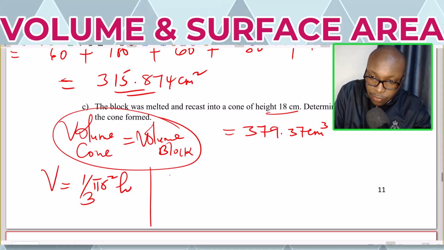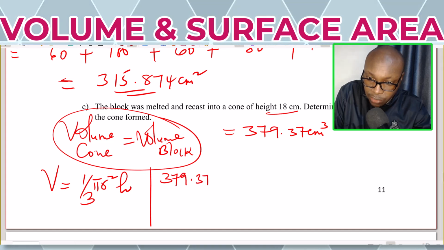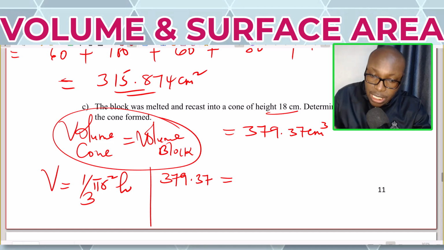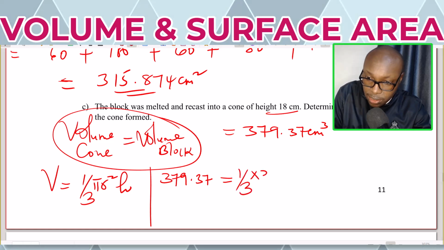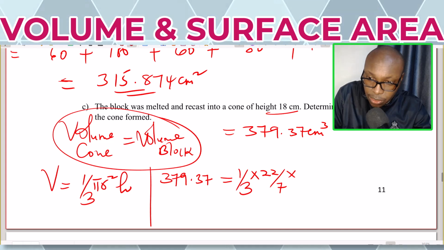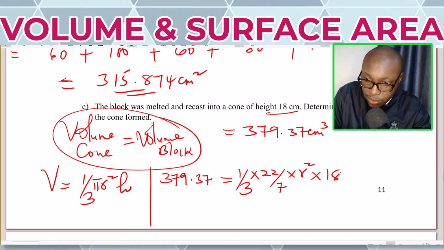So we have 379.37, which is the volume of that cone, equals 1/3 times 22/7, we're using the pi, times the radius squared, since we don't know the radius, then times the height, which is 18.